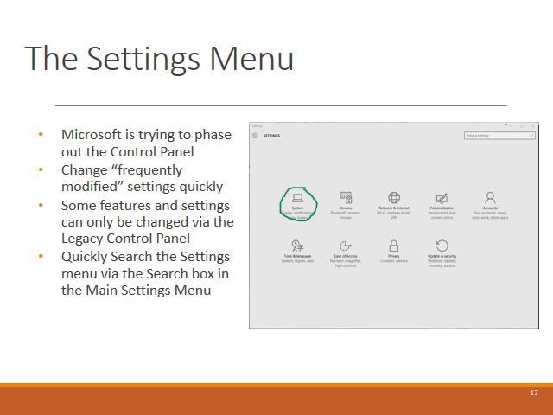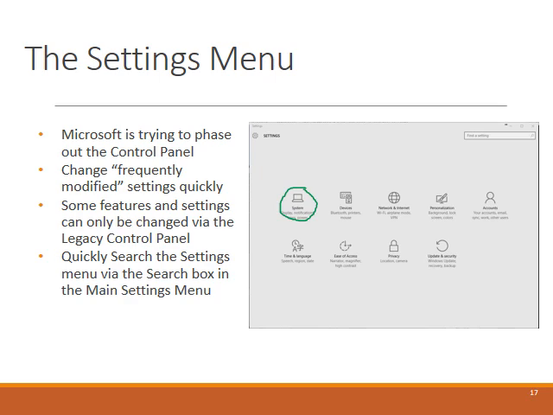So if you are looking for a setting that you used to be able to change in the control panel and you can't find it in the settings menu, you still have the option to go to the control panel and change that setting there. In fact, some of the settings menu options will actually take you to the legacy control panel, so don't be surprised if you inadvertently end up there, even though you were in the settings menu before.